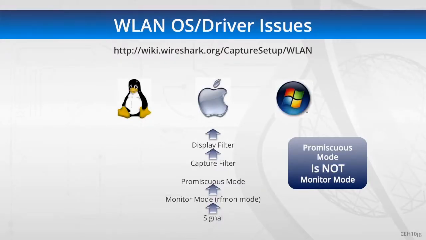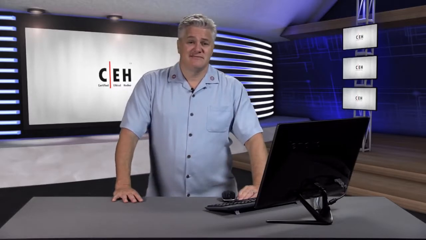You've got to choose Mac or Linux. Those are the choices here. So look at the wiki on Wireshark.org's Capture Setup Wireless LAN and see what they have to say there. Also look at what they say in Backtrack in the wireless section for network cards, or you can go to my site.